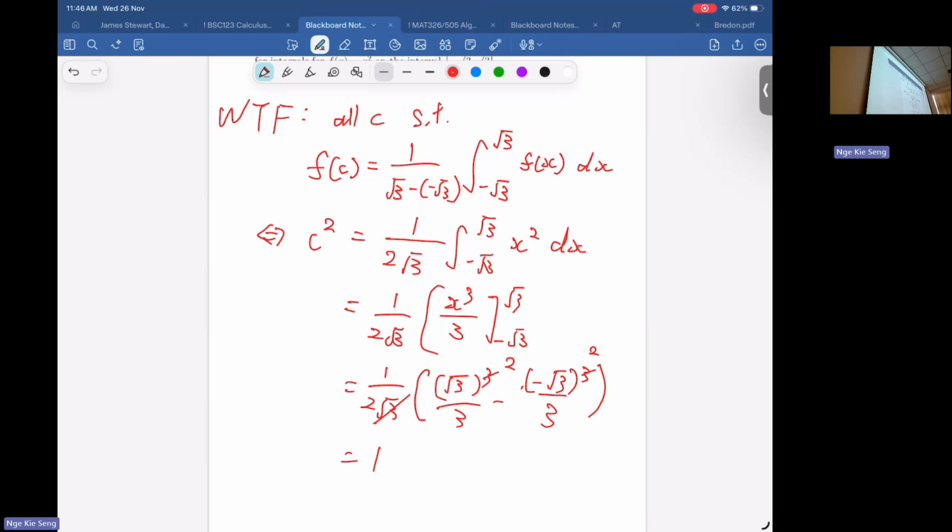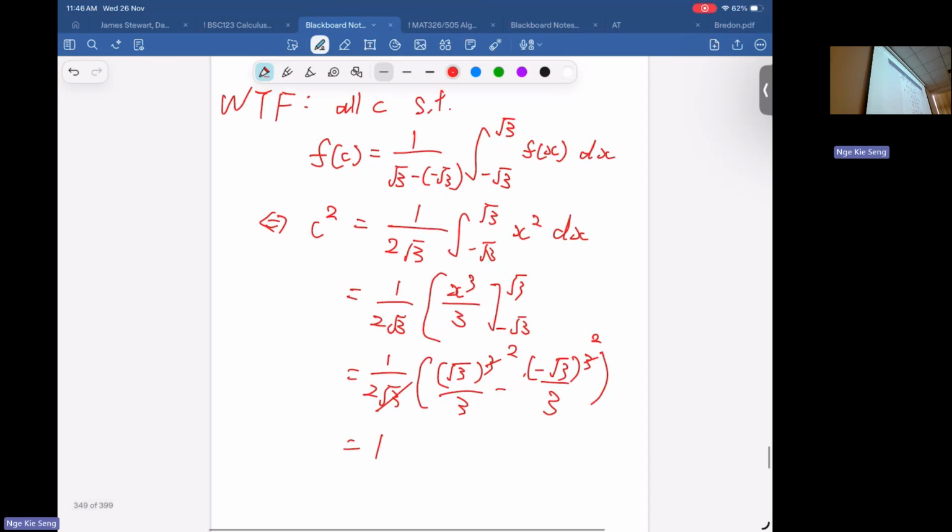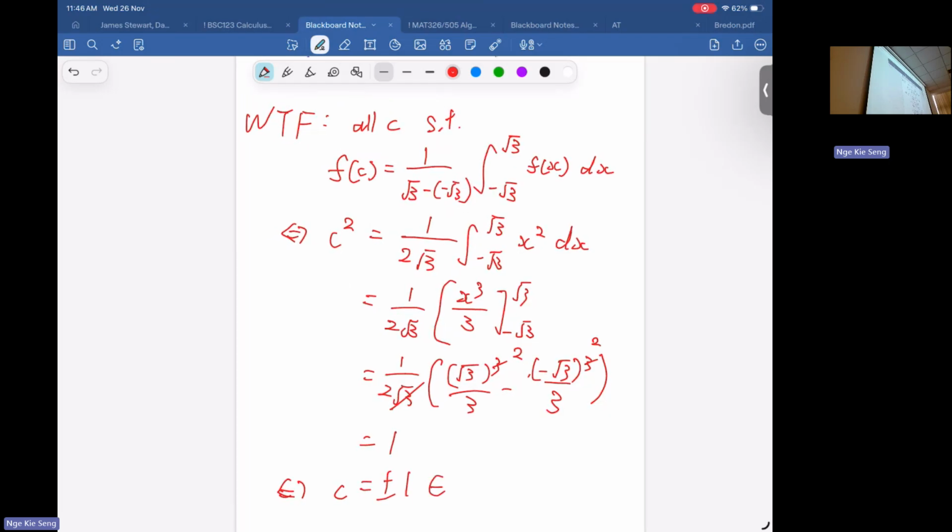Everyone okay? Good. Okay, so this means that c has to be plus minus 1. Okay, so the question is, is this c plus minus 1 here inside our region minus square root 3 to square root 3? What is square root 3 again? I think it's 1.5, right?